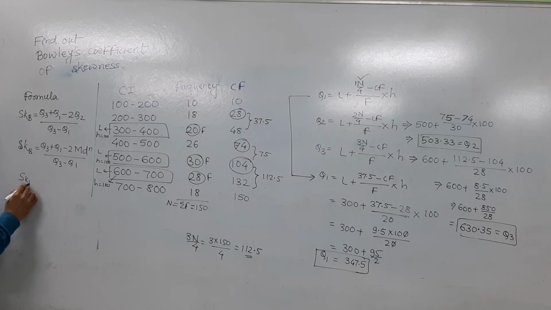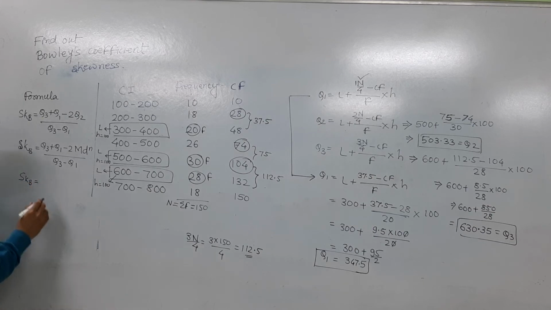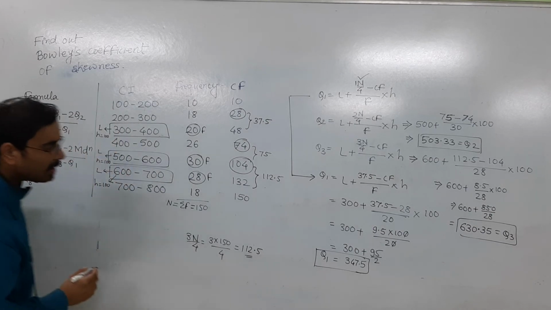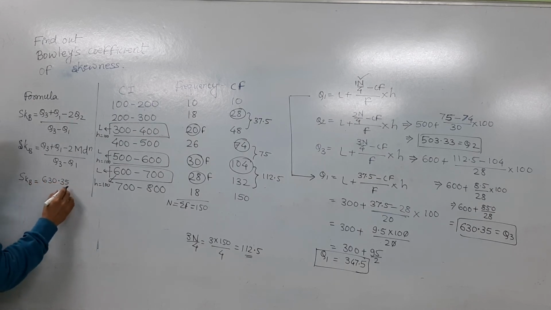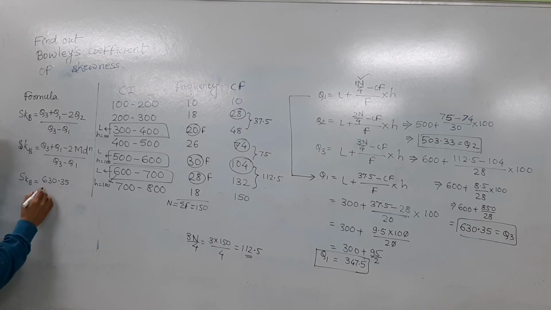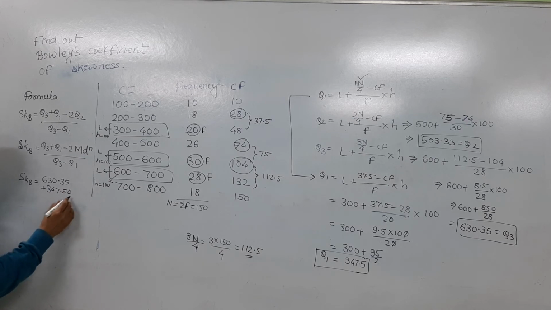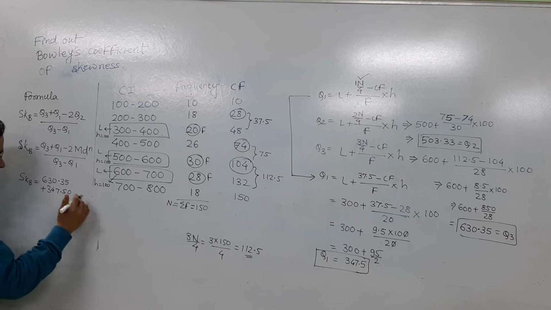So Bowley's coefficient of skewness. Q3 is 630.35, 630.35 plus Q1. The Q1 value is 347.5, minus 2.